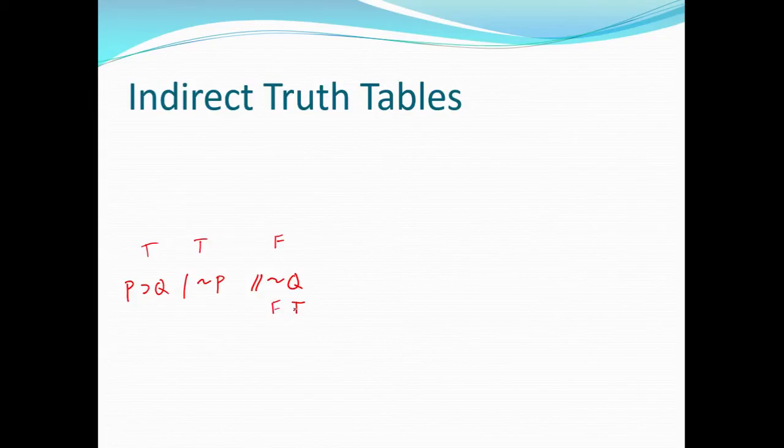If Q is true here, we have to carry the true Q over to the first premise, where it's P horseshoe Q. Now, if your consequent is true, your antecedent might be true, it might be false, it doesn't matter. So rather than deal with this premise anymore, we're going to move over to the second premise, because we want it to be true, but there's only one way it can be true.